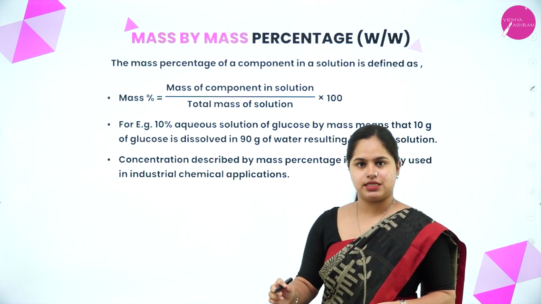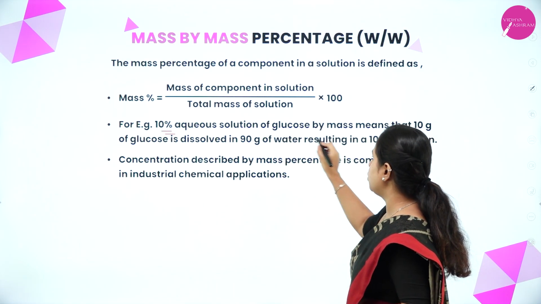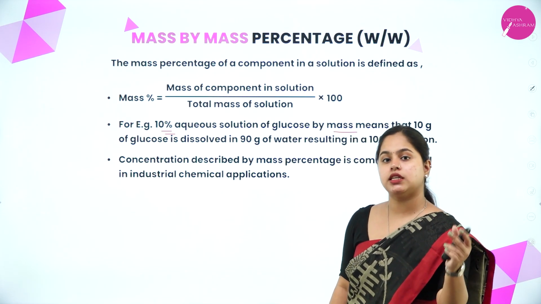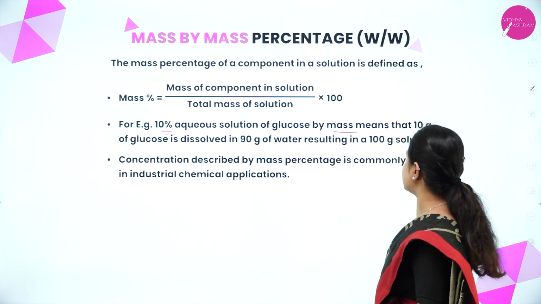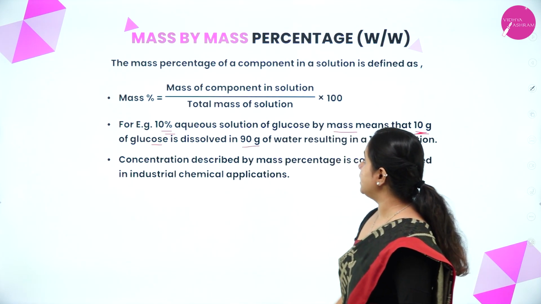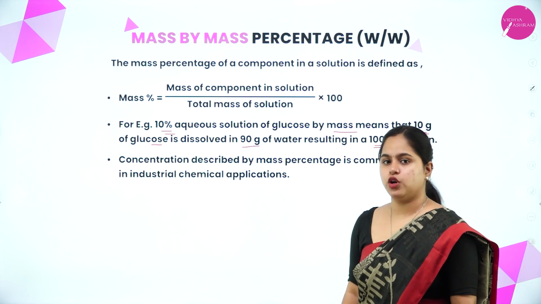So for example, let's say there is a 10% aqueous solution of glucose by mass. What does that mean? It means that there is 10 gram of glucose which is dissolved in 90 gram of water, resulting in 100 gram of your solution.